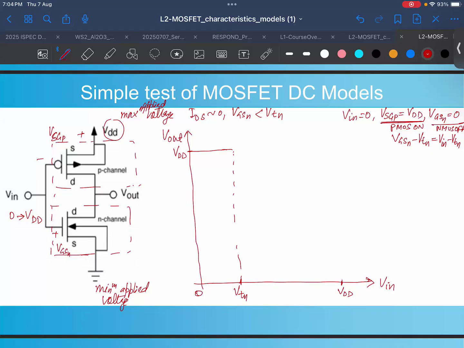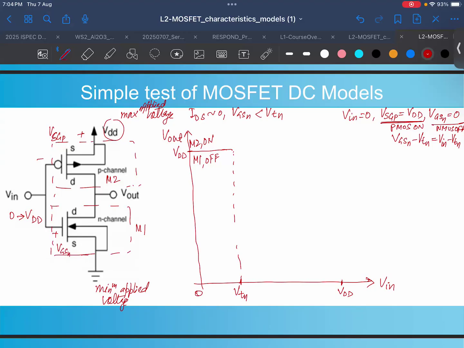If we say this is M1 and this is M2, then M2 is on and M1 is off, and as soon as the NMOS turns on, it finds itself in the saturation region. And what happens to the PMOS? It was on, but V out is now decreasing.